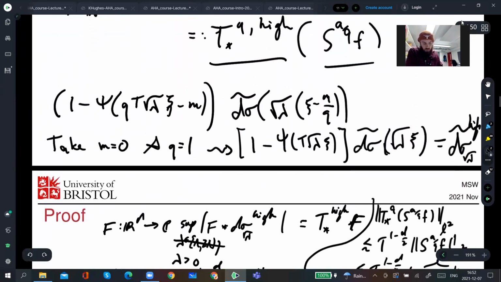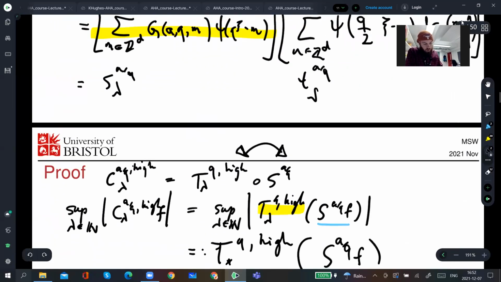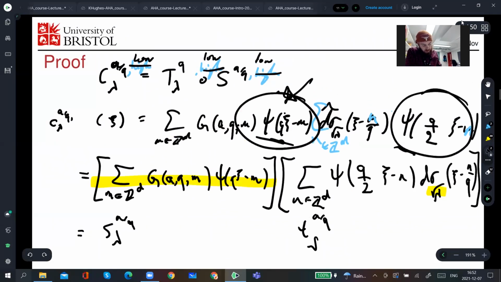And what do we know? Well, this is a linear combination of Gauss sums. And these are normalized Gauss sums, which we've seen many times before. The absolute value of each Gauss sum is at most Q to the minus D over 2.